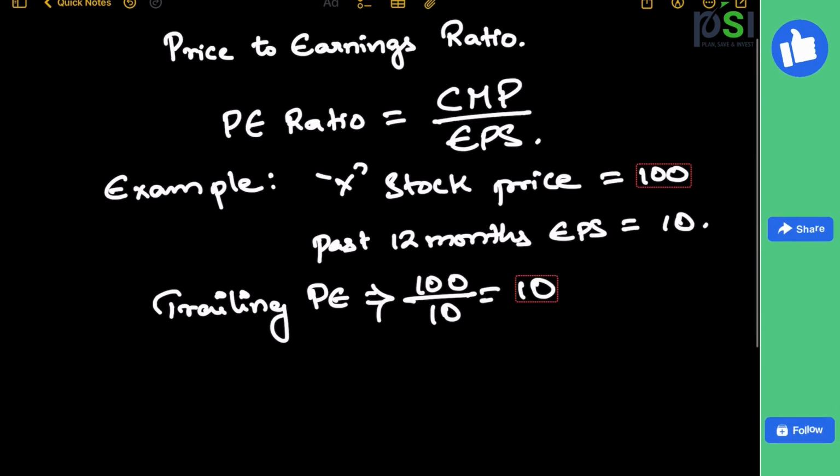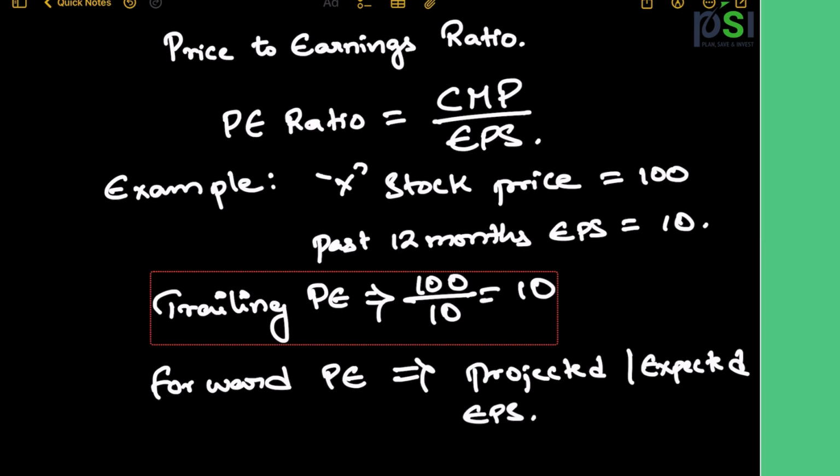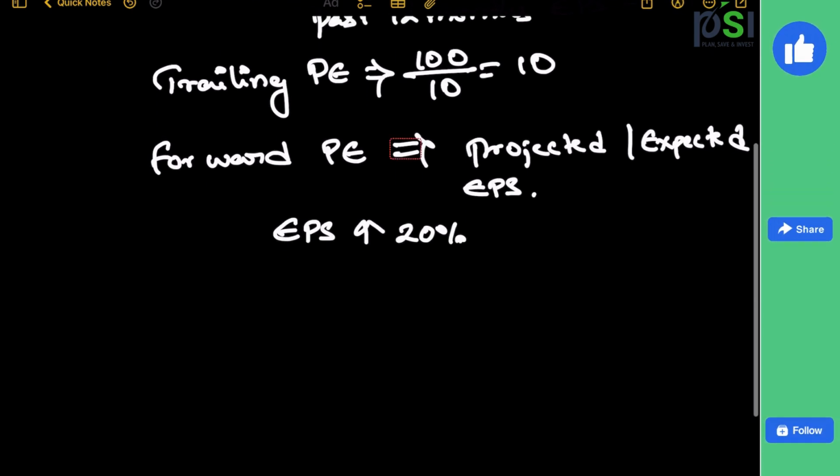Now what is forward PE? For this we need projected or expected EPS. Let's assume the company is expected to grow by 20%. So we expect EPS to grow by 20%, so let us assume that EPS is equal to 12.